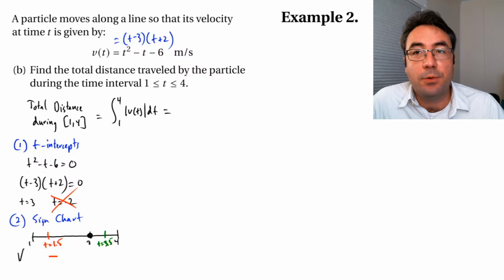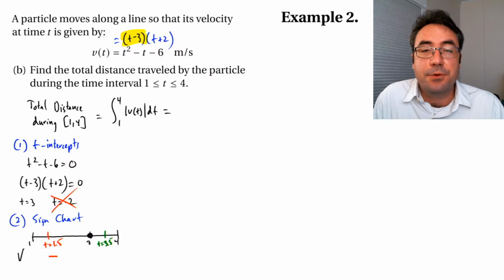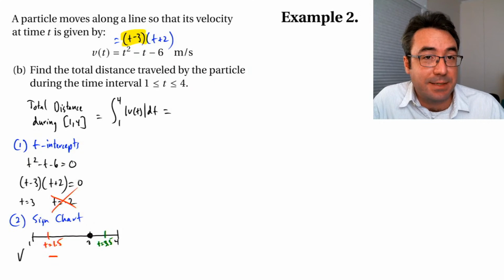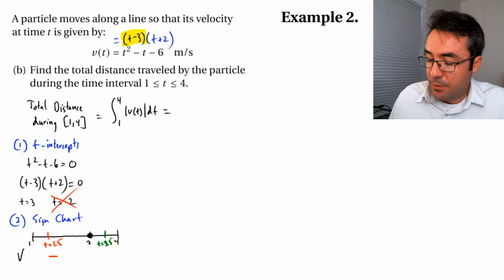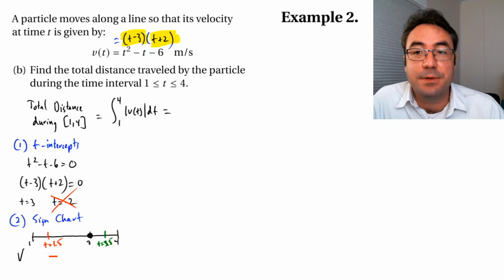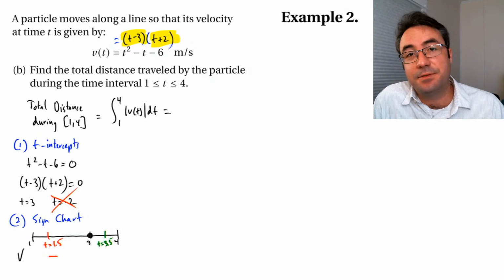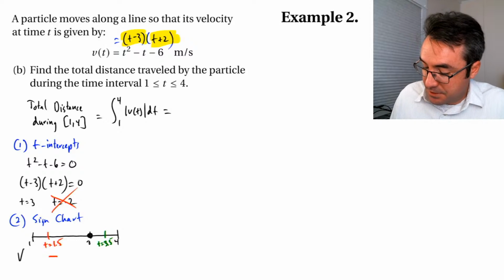So when we plug 3.5 into this first factor, we get 3.5 minus 3, which is positive. And then when we plug it into the second factor, we get 3.5 plus 2, which is also positive. So positive times a positive, the result is positive.